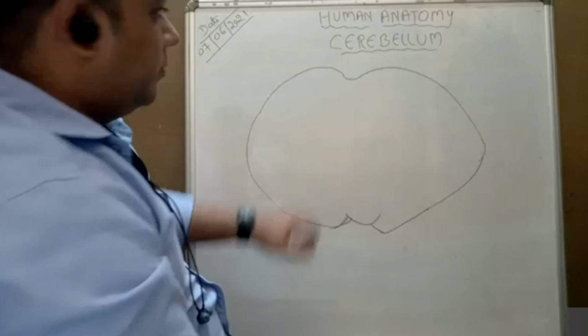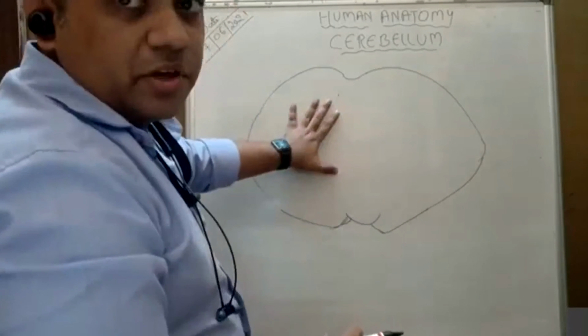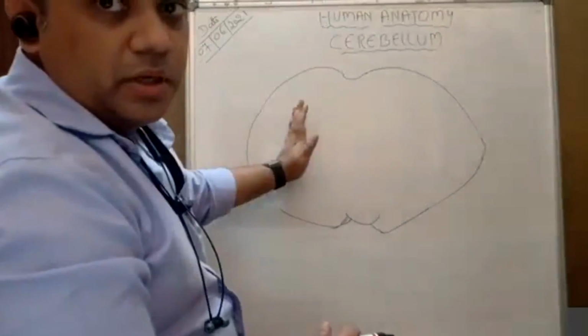So the cerebellum consists of the right and the left hemisphere.